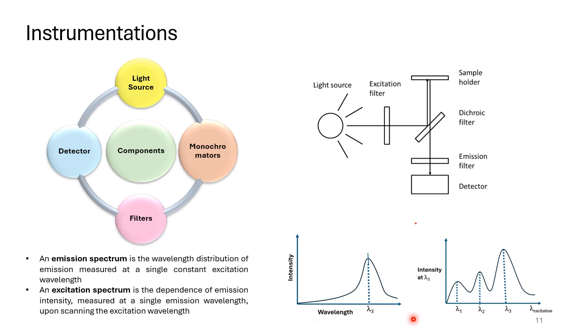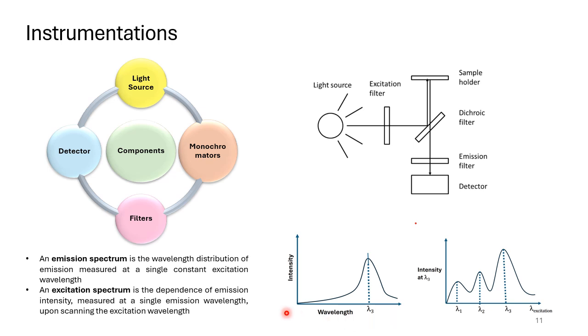If we plot the intensity versus the wavelength, we will get a curve like this. This is known as the emission spectra.